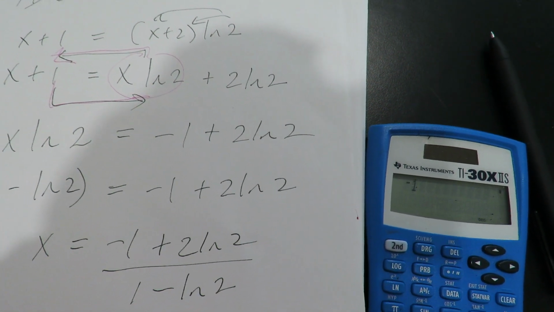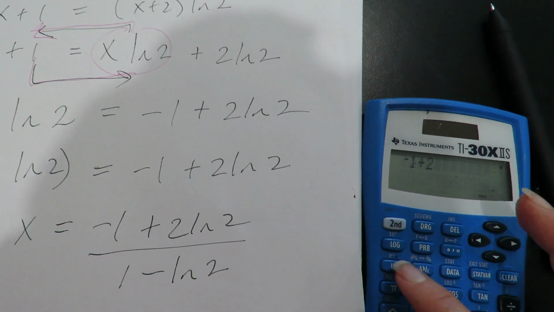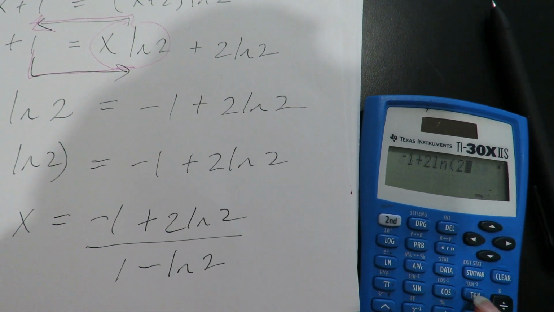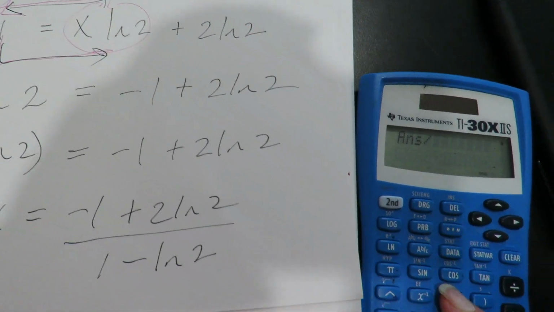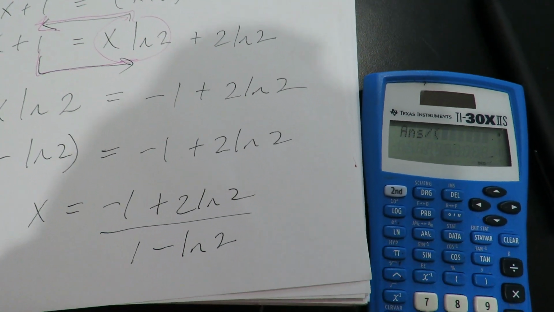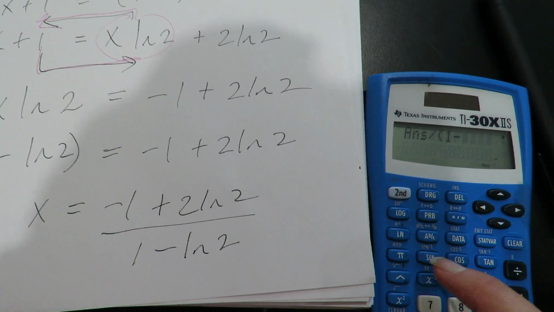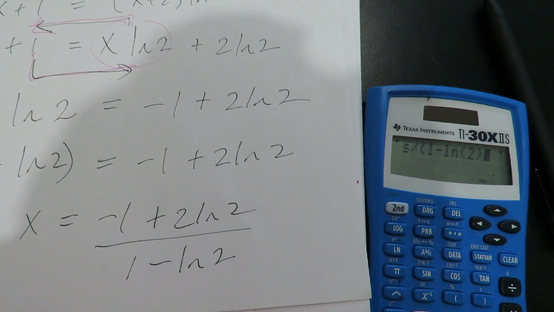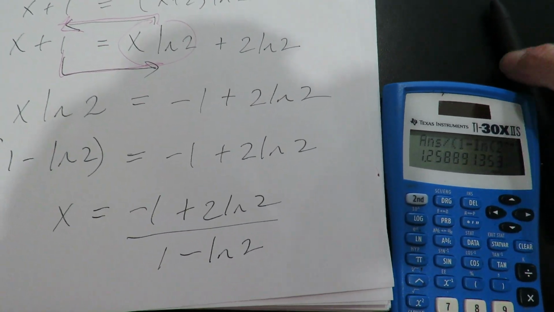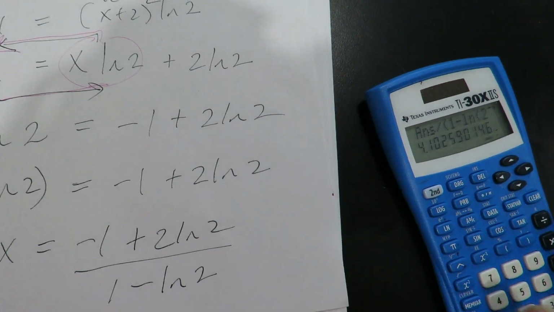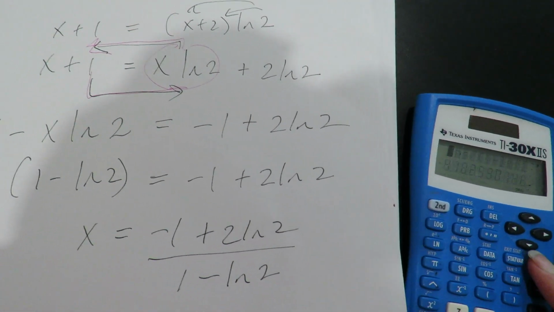So -1 plus 2 ln 2. I'm just going to hit equal here, and then I'm going to divide it by parentheses, because I want to divide it by all of this: 1 minus ln 2. I got a double parenthesis on that. Okay, so this is going to be about, I hit something, I don't know what I hit.